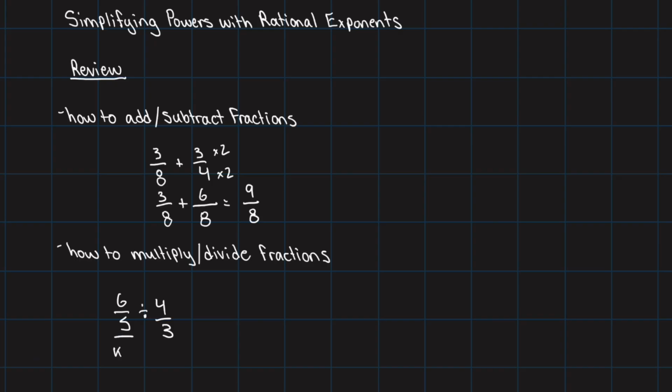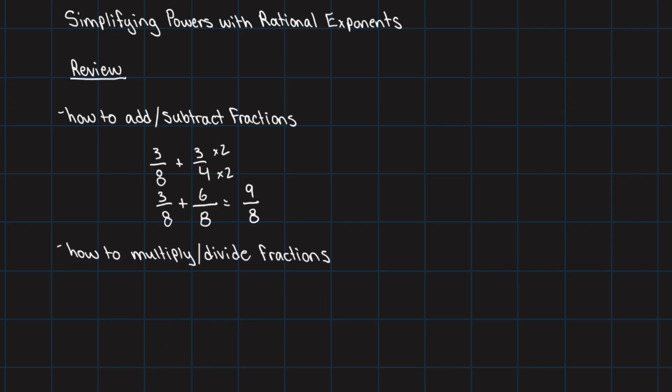So that means you keep the first fraction the way that it is, you change the division sign to multiplication, and then you flip the second fraction. So this gives you 6 over 5 times 3 over 4. So then you have 6 times 3 is 18, 5 times 4 is 20, and then you can reduce it. 2 times 9 is 18, and 2 times 10 is 20.